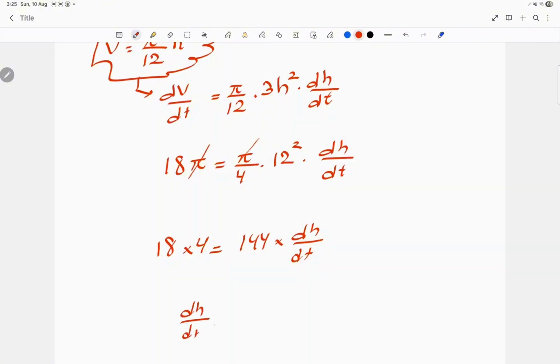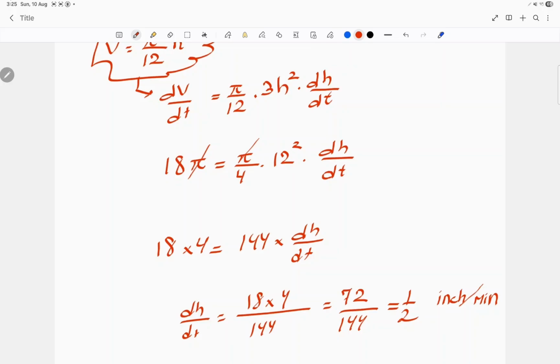So dH over dt is equal to 18 times 4 over 144. Now what's 18 times 4? 72 over 144, which is half inch per minute.